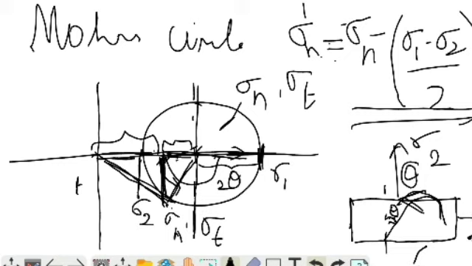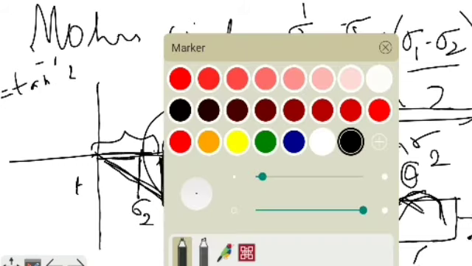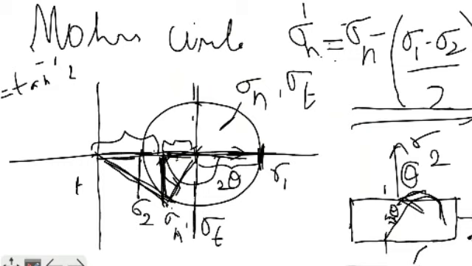Again this is to find maximum stresses and all, maximum principal stresses. So you know how to find that theta. That is tan inverse minus 2 tau by sigma 1 minus sigma 2. So 2 theta is what? Tan inverse minus 2 tau by sigma 1 minus sigma 2.